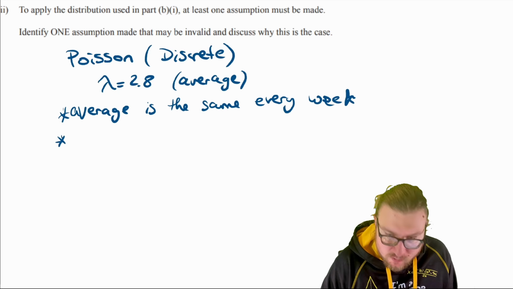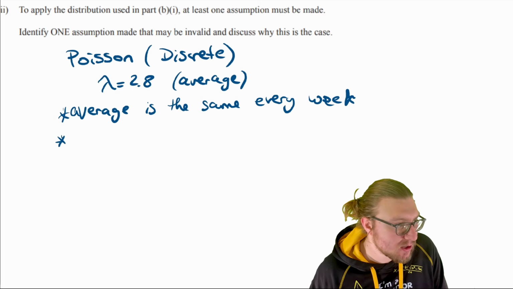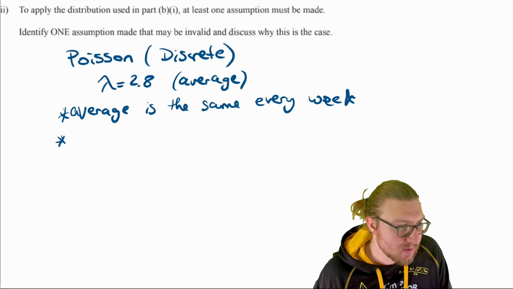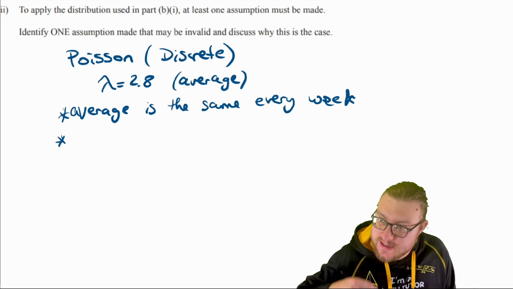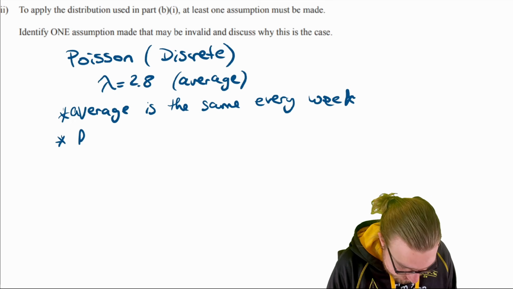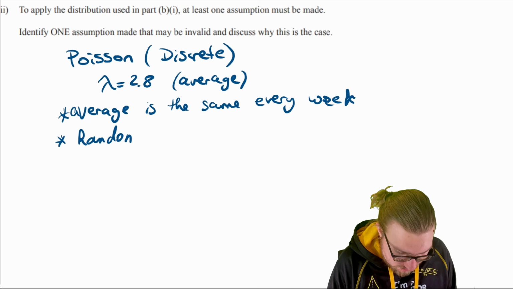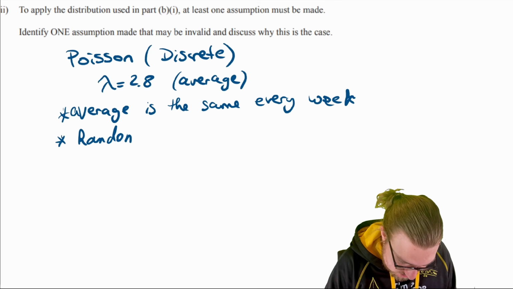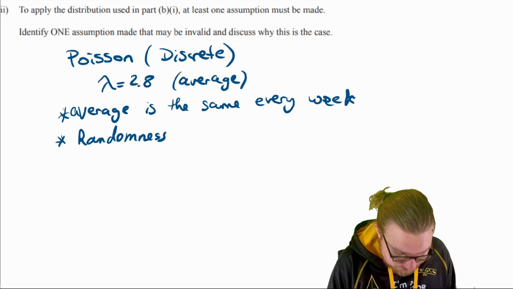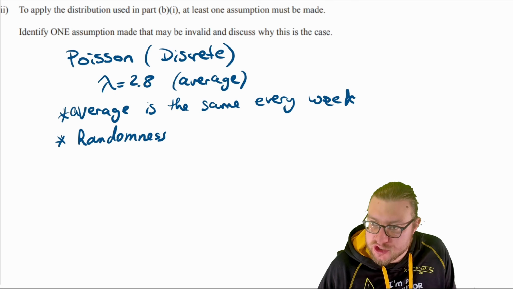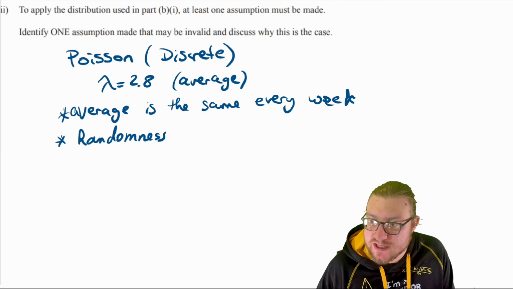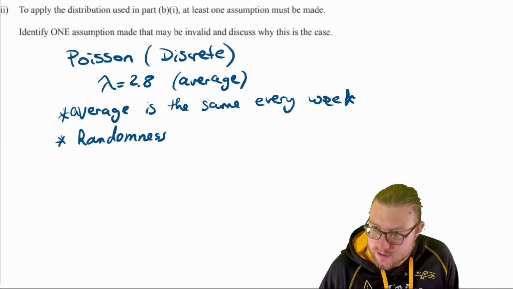What else do we have? When we look at this question, we assume randomness. Poisson is an average rate that something happens. So the rate that we're looking at here for washing your belly button is random between people. But is it really random?